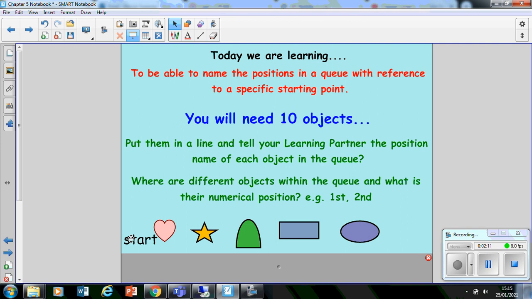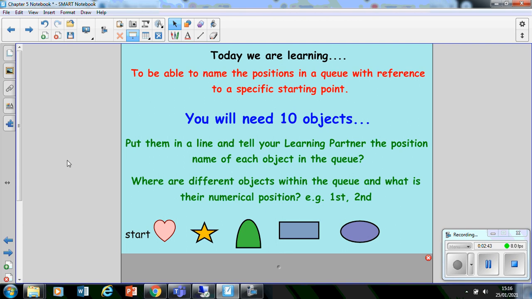Now, if I were to start my line on this side, would my star still be the second? No, so let's count. First, second, third, fourth. So my star would be the fourth in the line. So you really need to check where your starting point is. So if my start was here, the heart is the first and the star is the second object in my line.